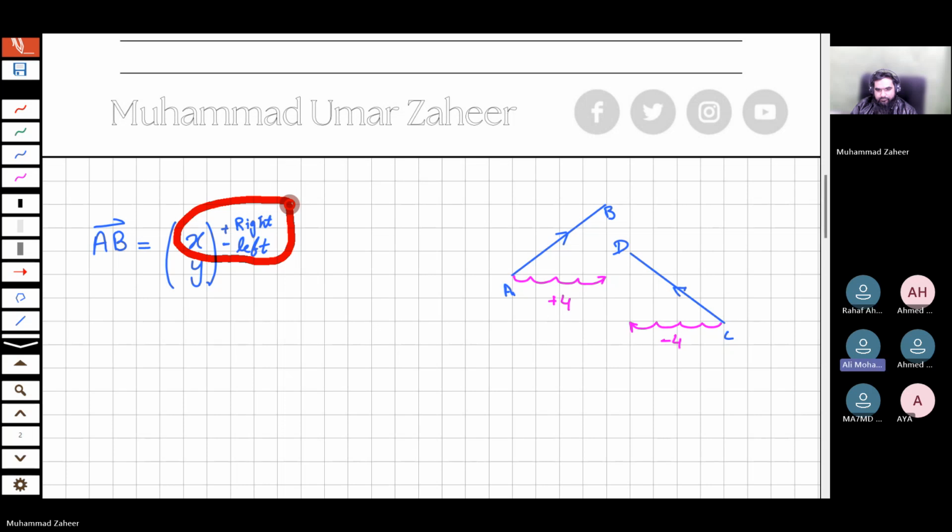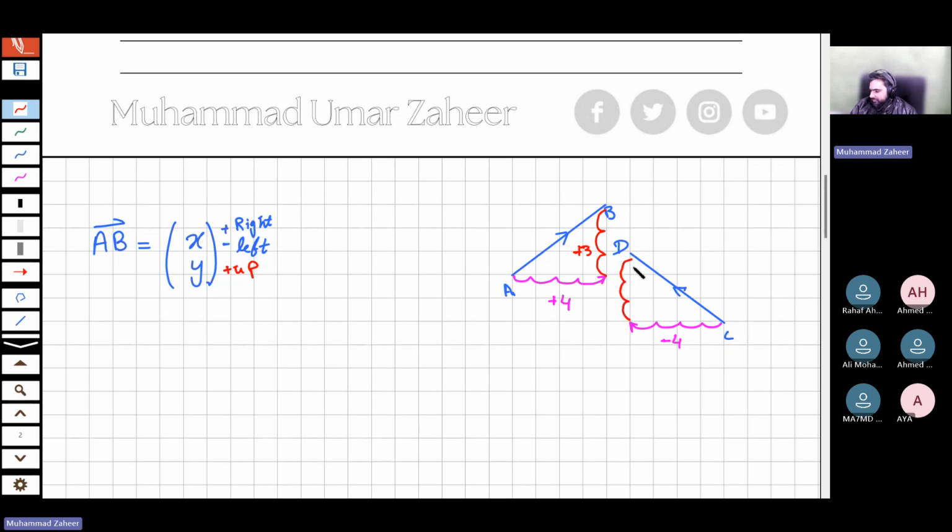Yes. The Y value is if you are moving upward, 1, 2, 3, like you're moving upward, so these values will be positive, so it will be positive 3. And in this situation, you are also moving upward.